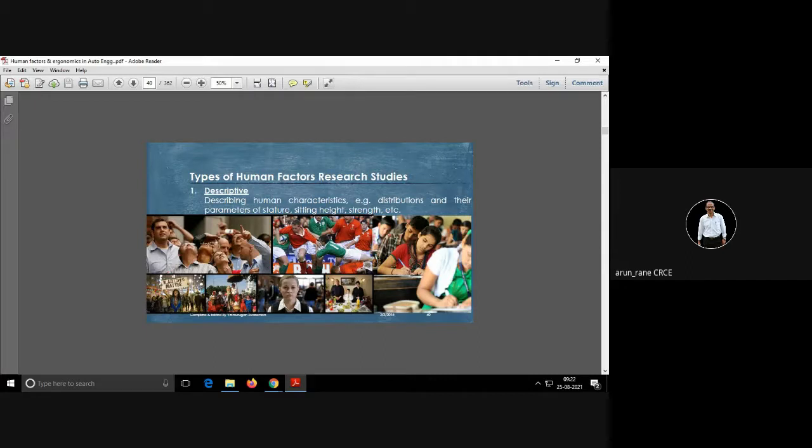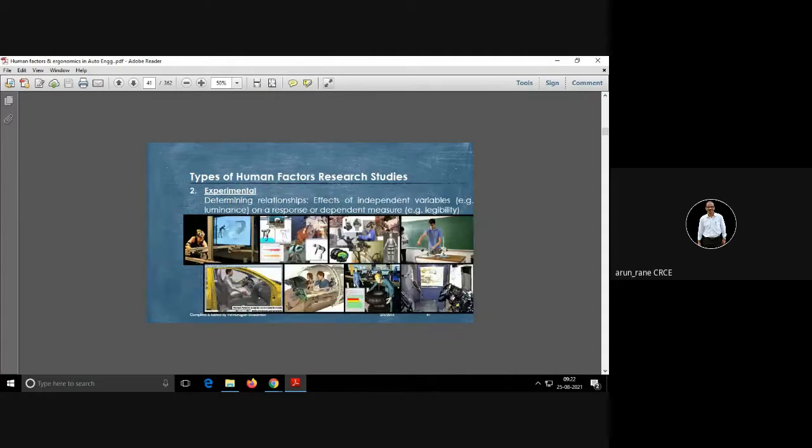Let's continue. What are the types of human factors? Number one is descriptive, wherein you give importance to parameters like sitting height, strength, and posture. The second factor is experimental, that is you are determining the relationship, the effects of variables on a response or dependent measures.